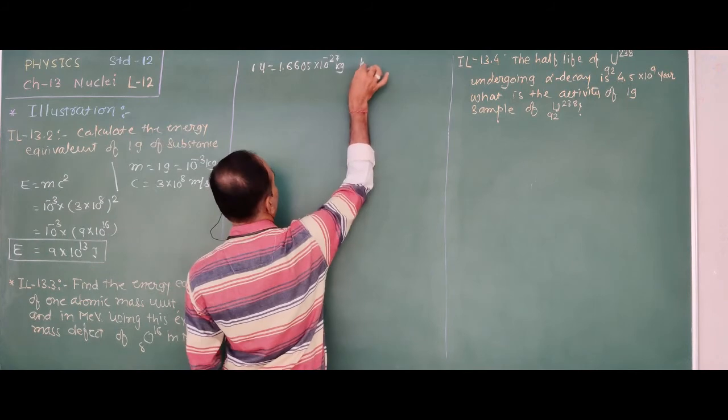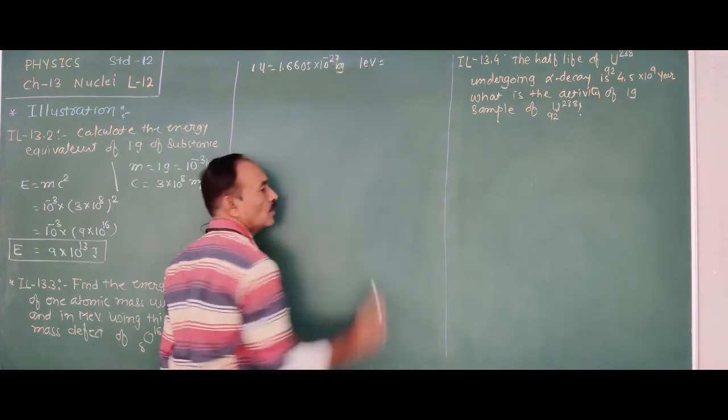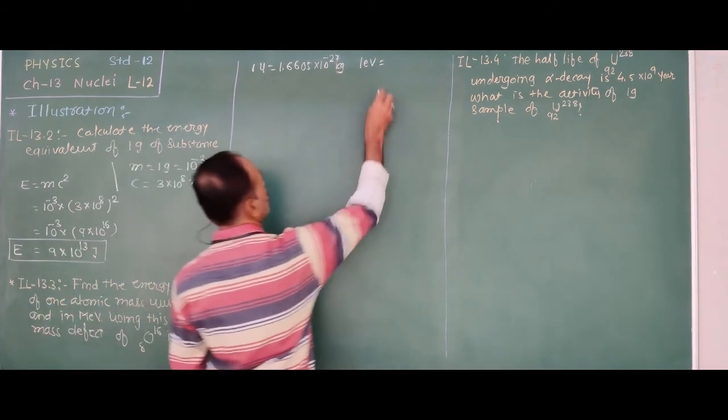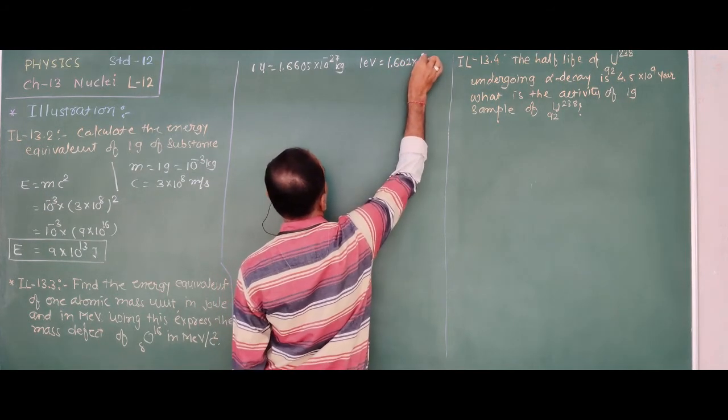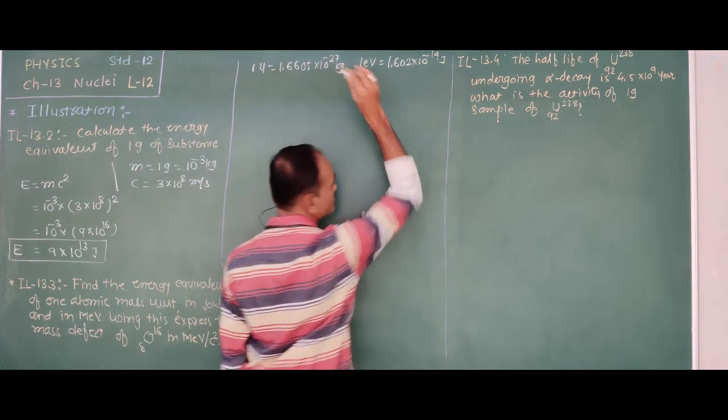1 electron volt is equal to 1.602 into 10 raised to minus 19 joule.